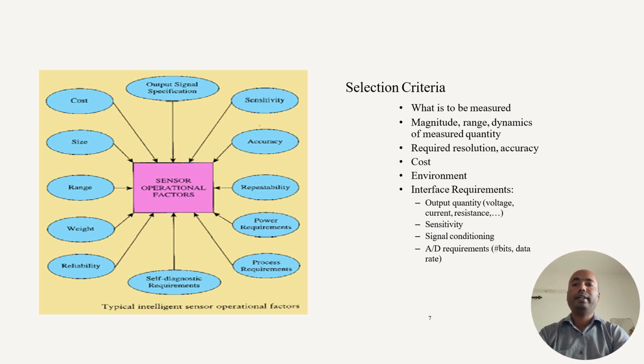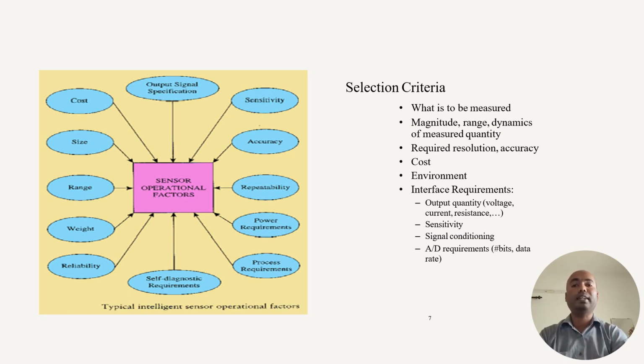An engine management system needs a high accuracy of output. If you are looking at air fuel mixture ratio measurements, it needs a higher accuracy level and, above all, the cost. It must be cost effective and environmentally friendly, and whether it needs any interface requirements. Interface in the sense of output quantity, whether voltage, current or resistance is needed. Then the sensitivity of the particular component is an important thing.